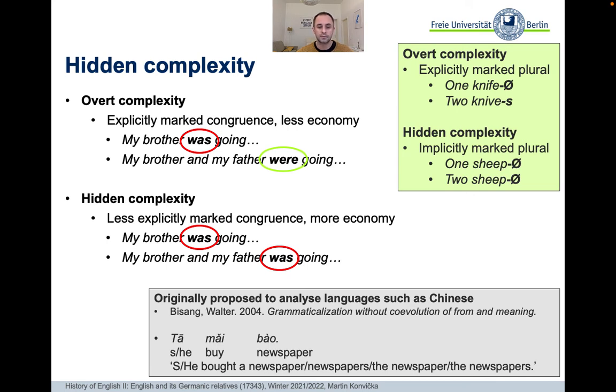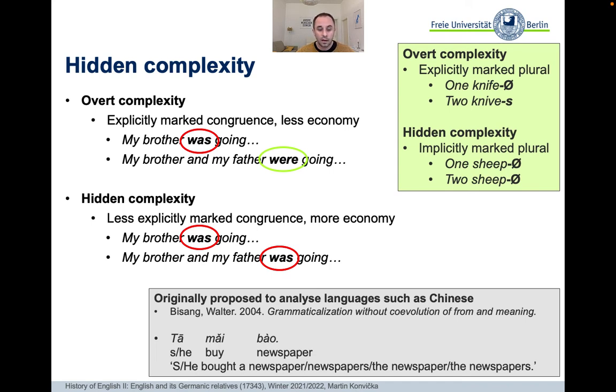And in case of Chinese and other languages in East Asia, many grammatical properties are not explicitly marked, but they have to be abstracted from the context, right?